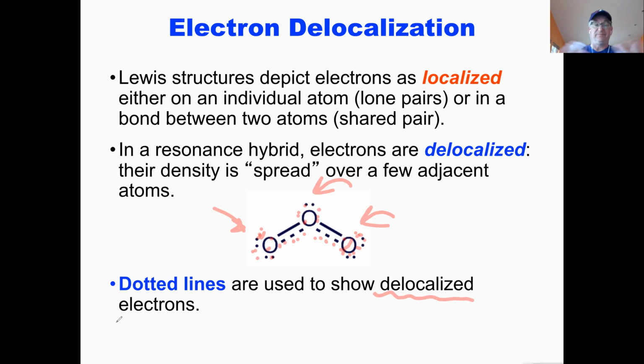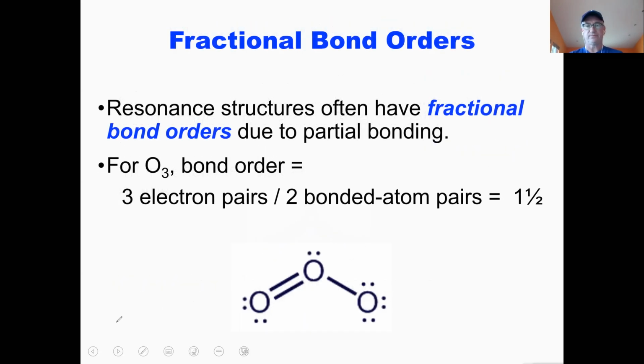And what does that break down to? How can we explain that in terms of bonds? Well, we can really say it's sort of like half of a bond. We don't say it's half of a bond. We say it has a fractional bond order. So we don't say it's a bond and a half, but it kind of is. So here we have a double bond, so that would have a bond order of 2. And here we have a single bond.